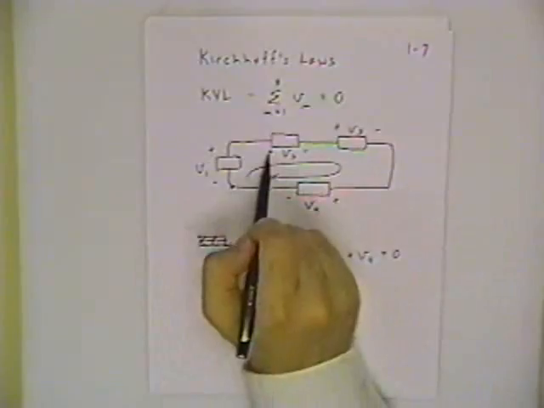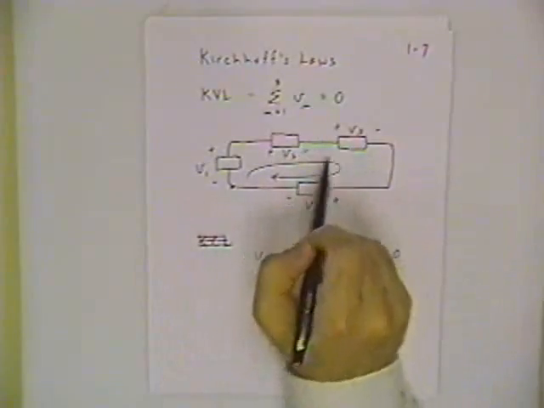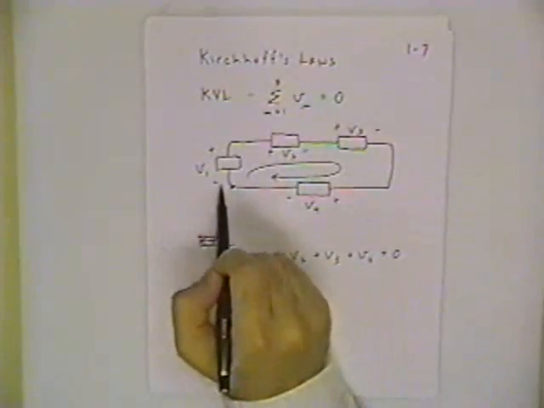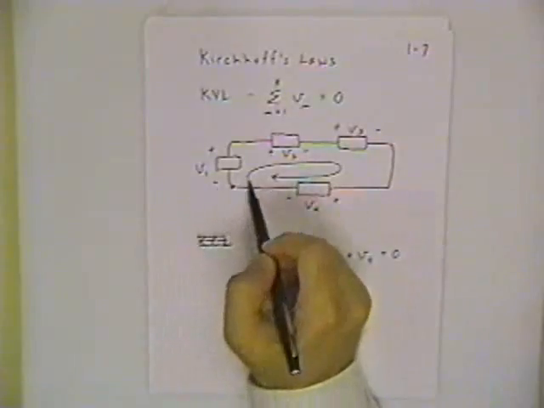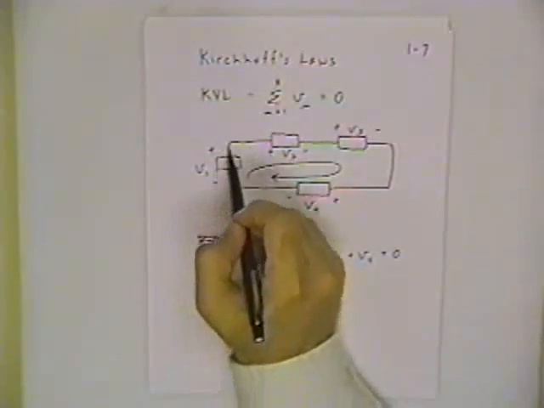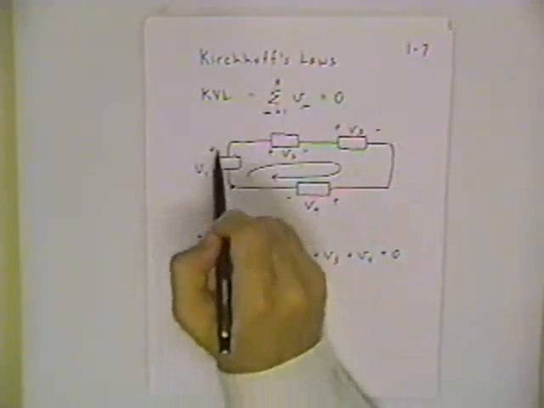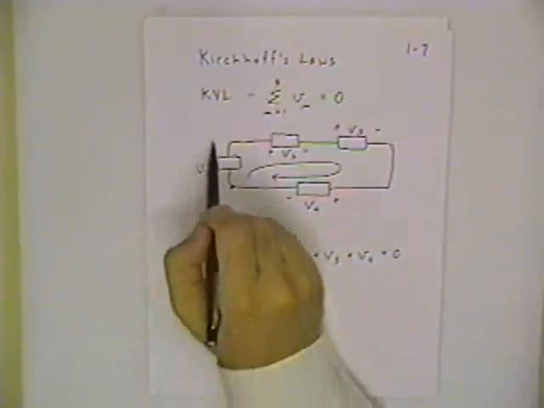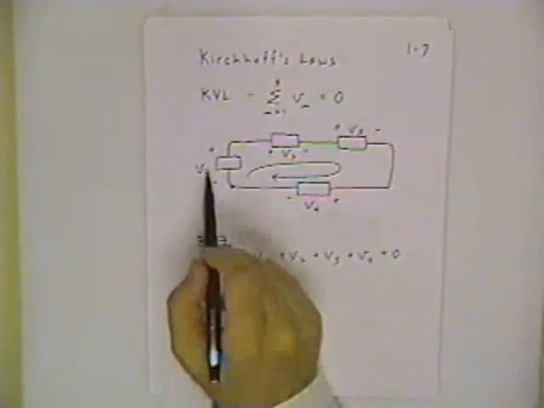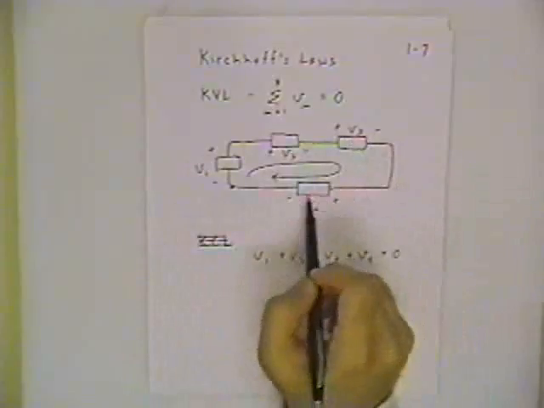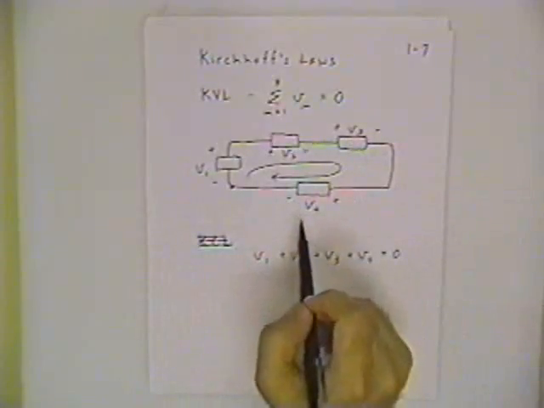I have to pay attention to the polarities. So one thing you can tell yourself is, okay, every time I'm going through an element from lower to higher potential, then I must be increasing my energy, so I could call that a positive term and call all the rest of these negative terms.